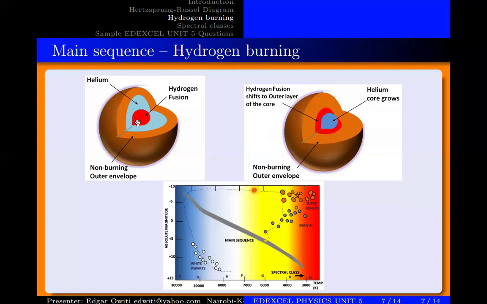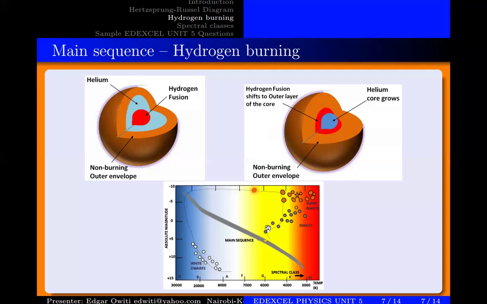When that process begins, the star exits the main sequence towards the red giant. When that happens, it increases in size or expands, the temperature reduces, and the helium gas takes presence in the core.